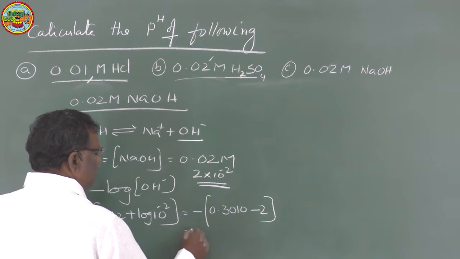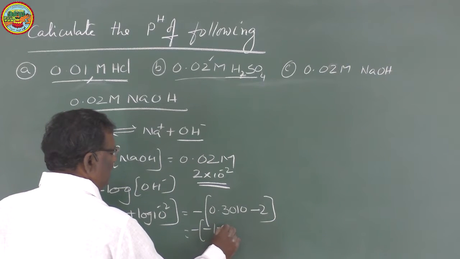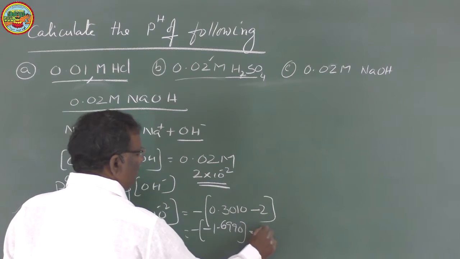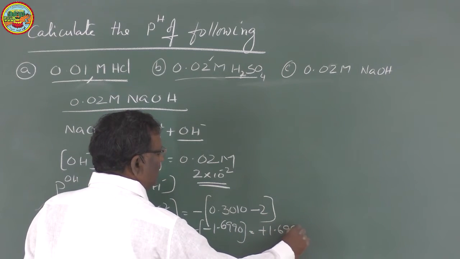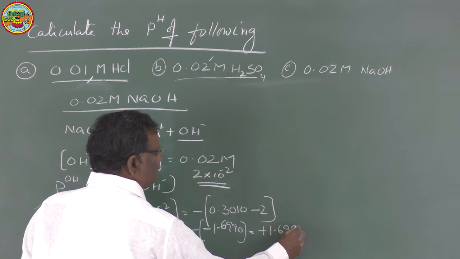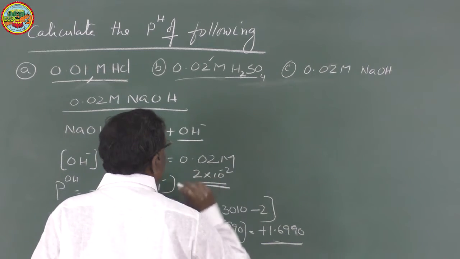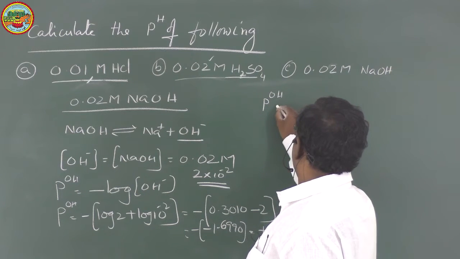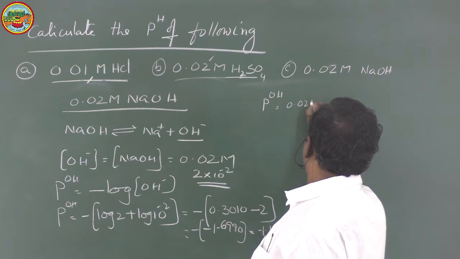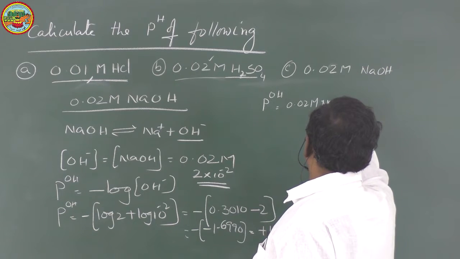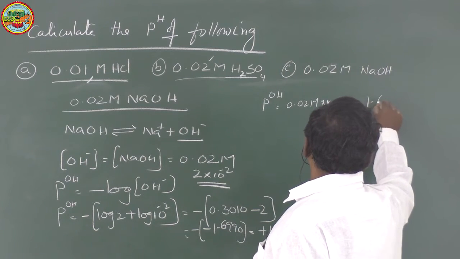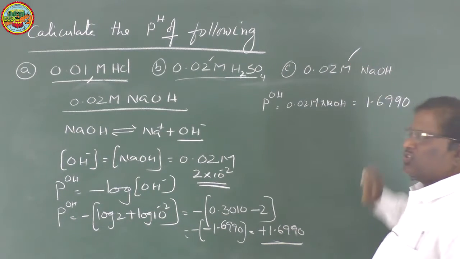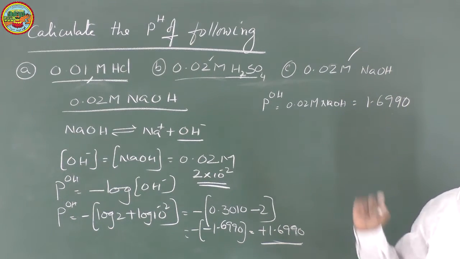So it will be minus of minus 1.6990, so it is nothing but plus 1.6990. This is the pOH. So the pOH of 0.02 M NaOH will be equal to 1.6990. But now they are asking us to calculate pH, not pOH.